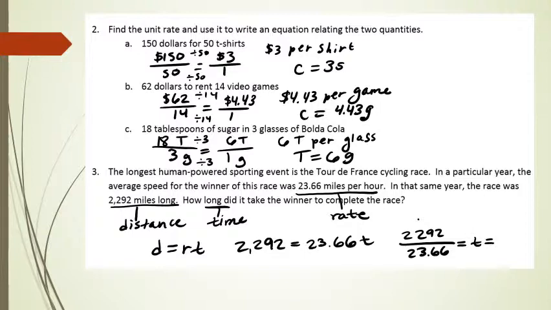So when I divide those values, I get approximately 96.9, and that means it's going to take that many hours for them to complete the race at that rate. That's it for tonight's homework. I hope you'll be ready to move on to more linear relationships tomorrow.